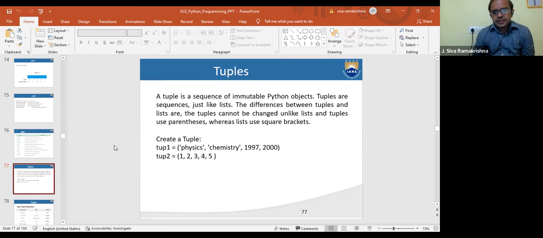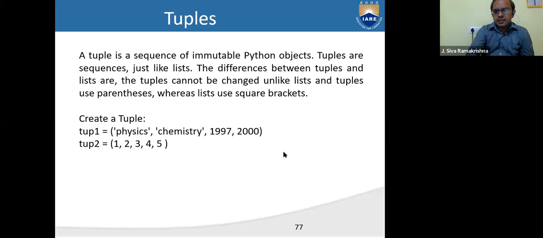The major difference between a tuple and a list is that a tuple is immutable. That is the definition: it's a sequence of immutable objects. Objects are elements, so there are multiple names, in fact.